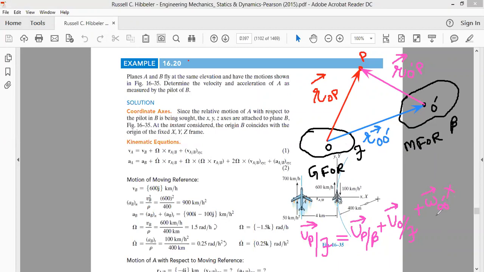When we write the angular velocity of O dash with respect to O, this is the angular velocity of the vector drawn from O dash to O, which is simply the angular velocity.